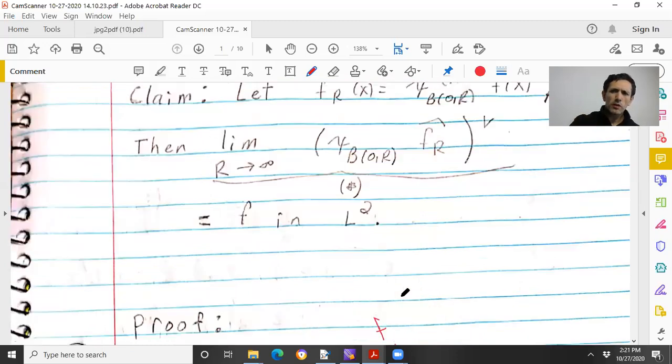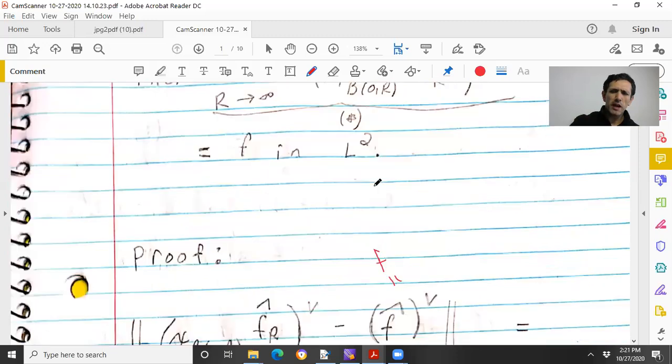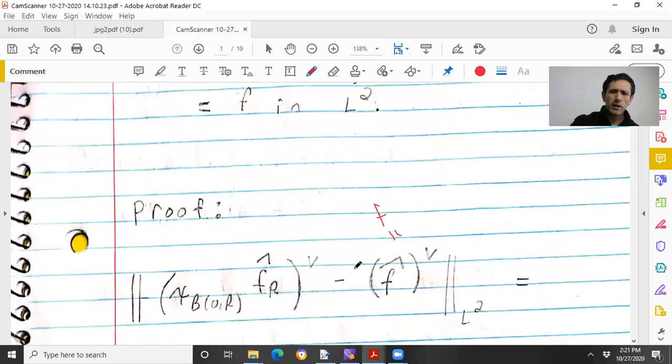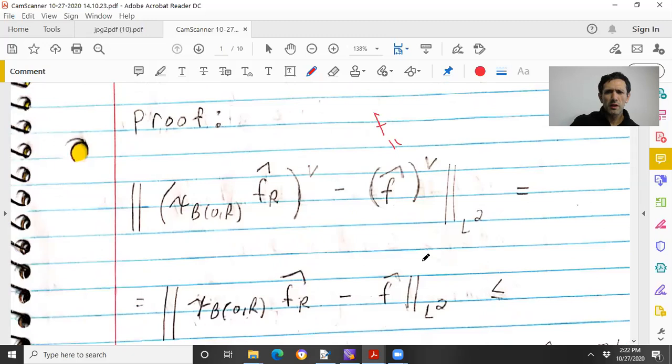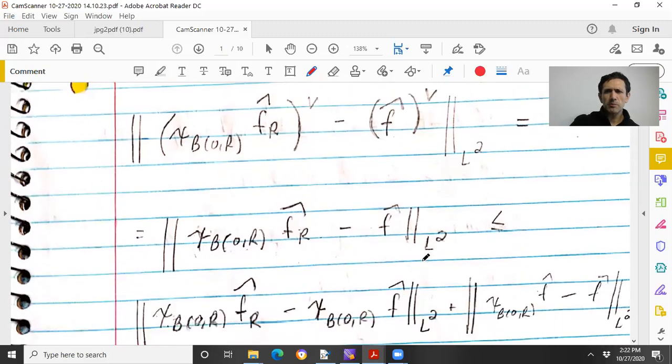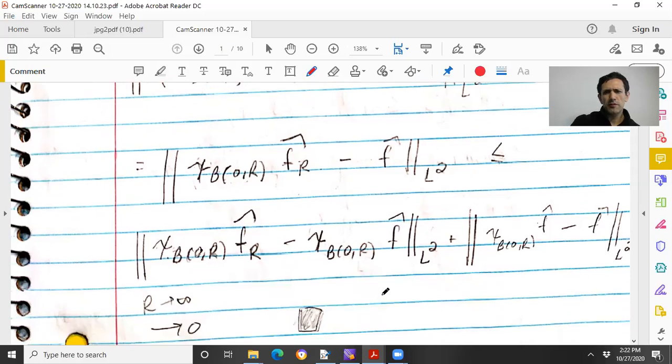Okay, so really, this minus f is exactly what we have here. The inverse Fourier transform is an isometry on L2, so we can get rid of that. It's linear also. Now we can just add and subtract the characteristic function times the Fourier transform. Let r go to infinity, and both of these are fairly easily going to go to 0 in L2.